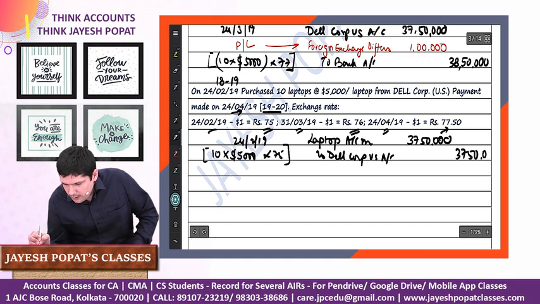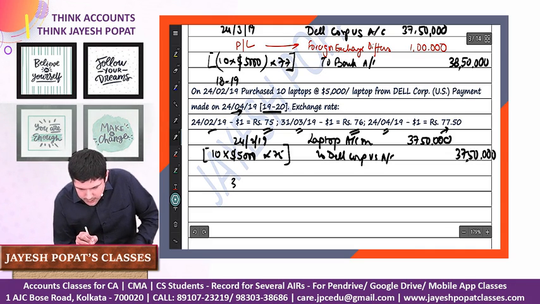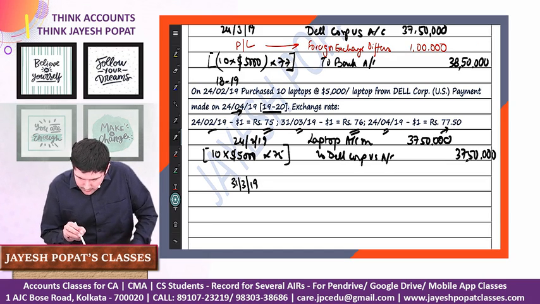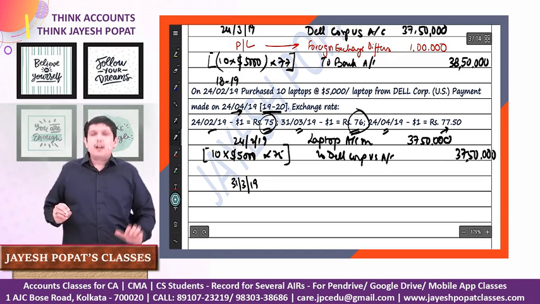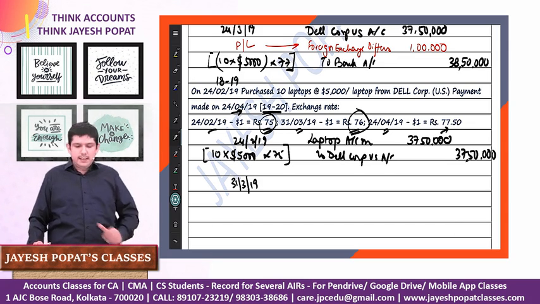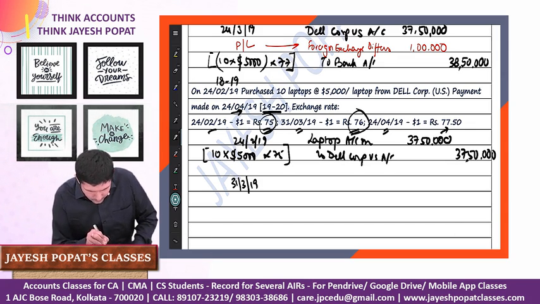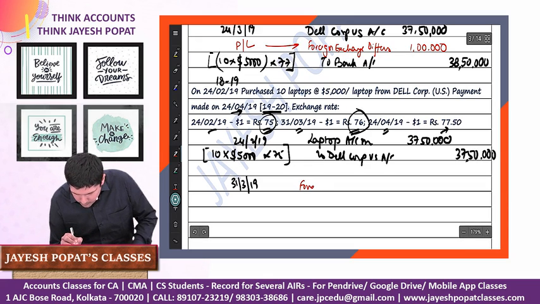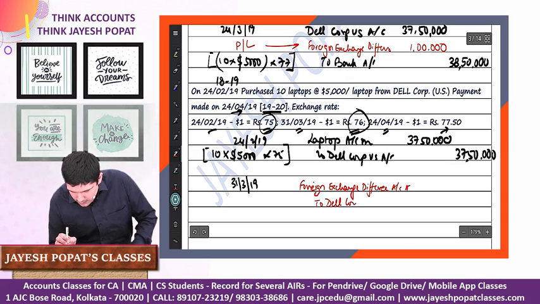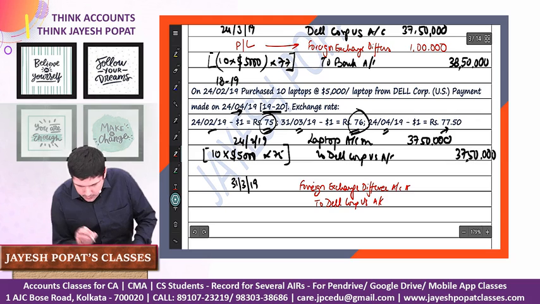Then at the year end we need to restate the liability. Therefore we will say 31st March 19. The rate was 75 and it rose to 76. So our liability towards Dell Corporation has increased. So we will say foreign exchange difference account debit to Dell Corp US account, right?